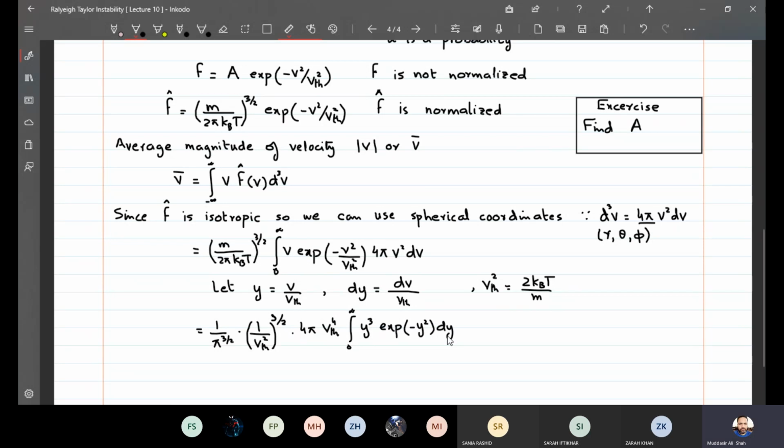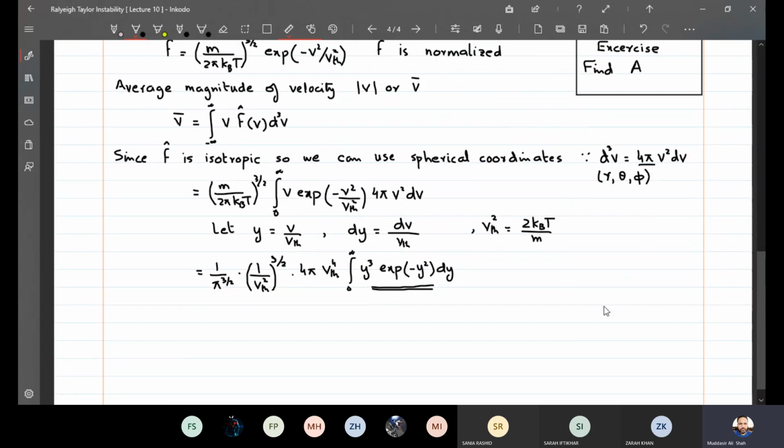So this is the integral that I'm left with. As you already know, there are certain values assigned to such kinds of integrals. This integral gives you a value of 1 by 2, so this integral will be solved as this one.